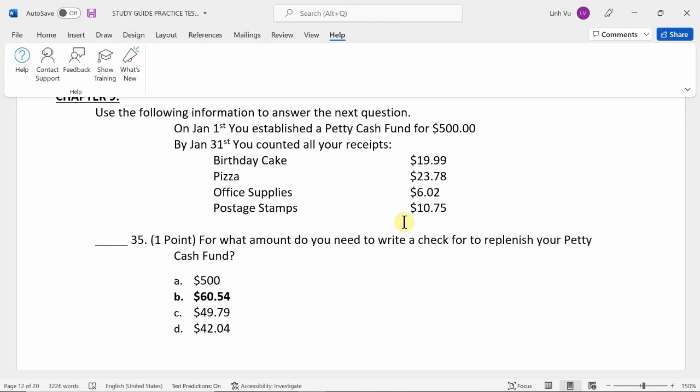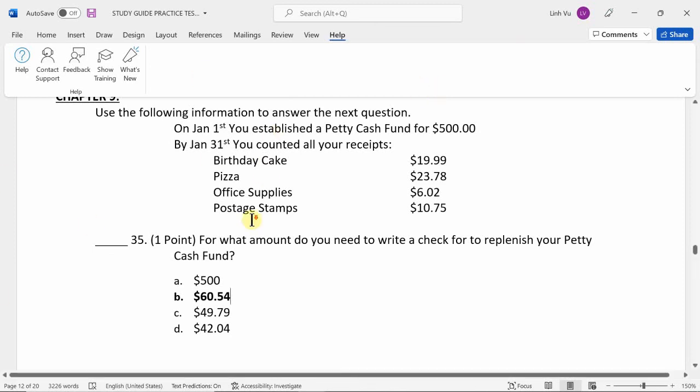So in this case, I need to have my box to be consistent with $500. If I spent $60.54, that means I only have 400 something dollars in my register or my lock box, right? I needed to have 500 at all times. That's what the idea here is. So good. You calculate all the total amount of receipts and they totaled up to be $60.54.